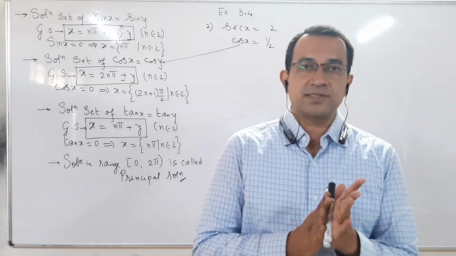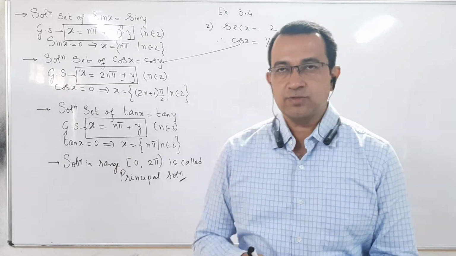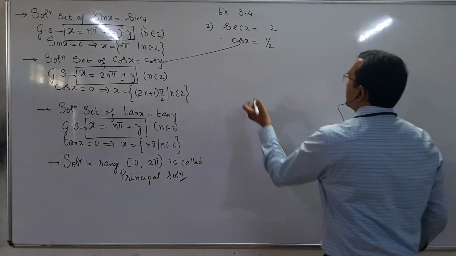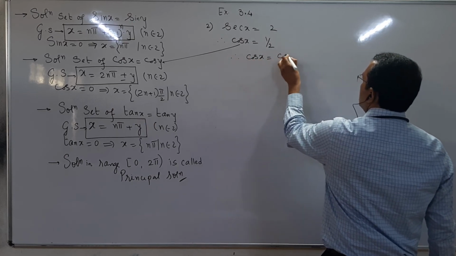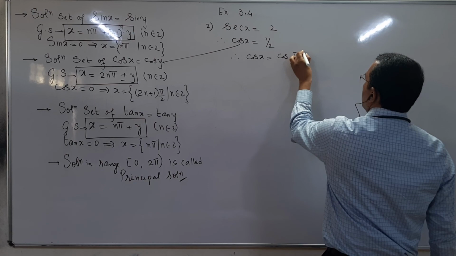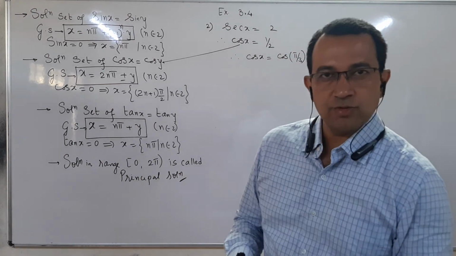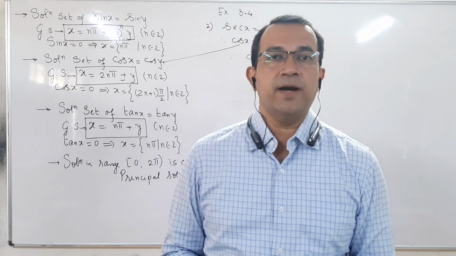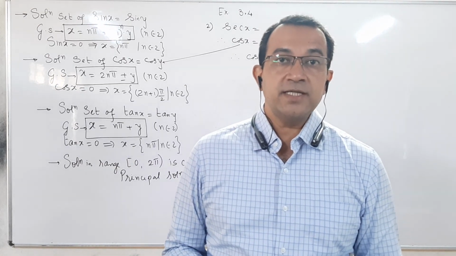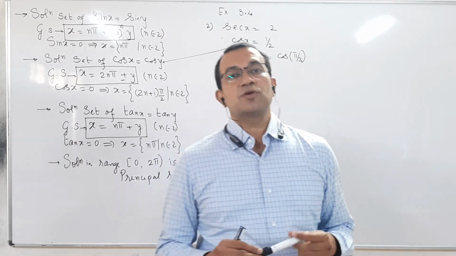Never forget this. In cos, when the right hand side is positive, at what angle do I get 1 by 2? Then I can say this is equal to cos pi by 3. If this was minus 1 by 2, I would have written pi minus pi by 3, which is 2 pi by 3. So the right hand side number has a lot of significance in the sums of trigonometric equations, students.